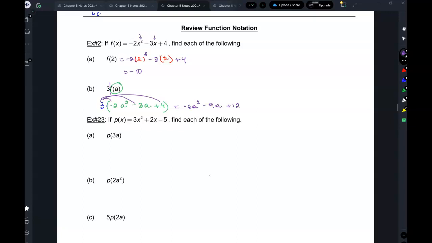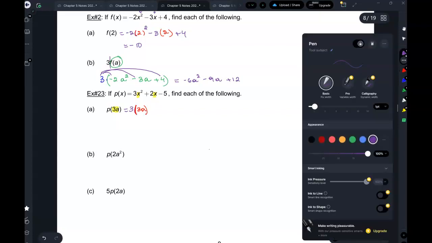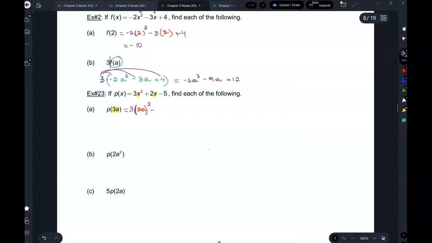Now, next I have p of 3a. That means for each of the x's here, I'm going to put in 3a. We divide and conquer here. So this is equal to 3 times 3a squared plus 2 times 3a minus 5.